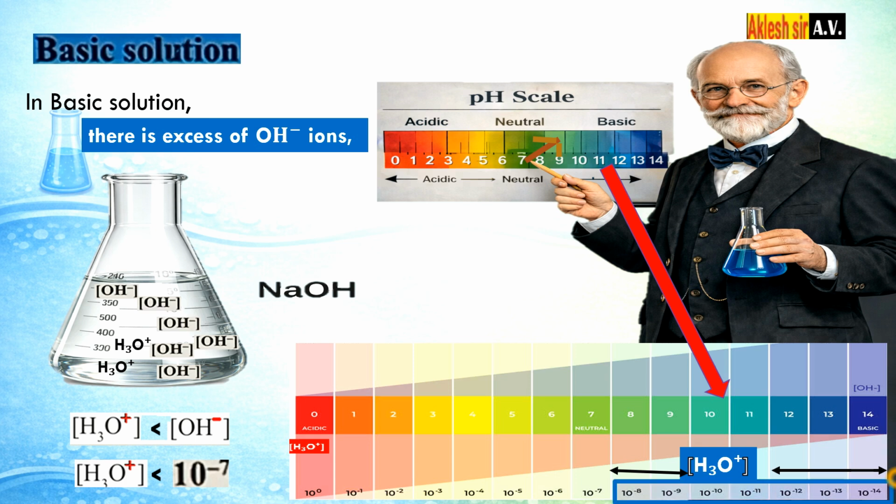So this is the range when the H3O+ concentration is in between 10 raised to minus 8 to 10 raised to minus 14. You can assume that this solution is basic or alkaline. So this is the range. If the pH value is 8, 9, 10, 11, 12, 13, 14, any of these, if we get the value of pH, then the solution will be alkaline. Okay, pH greater than 7 means a solution is basic in nature.